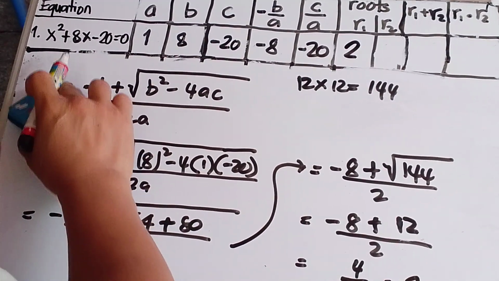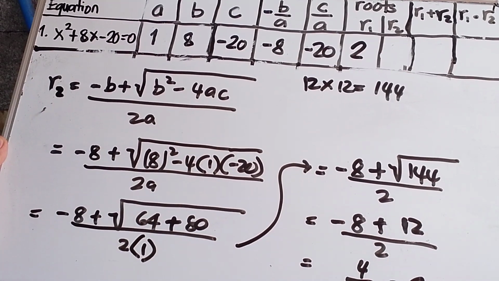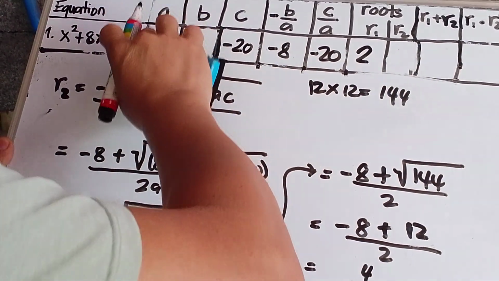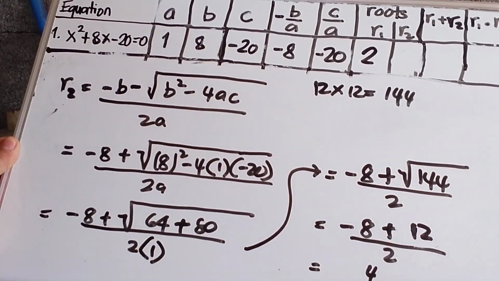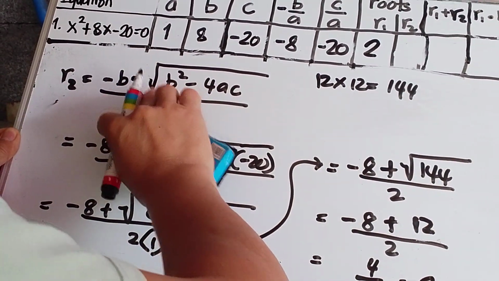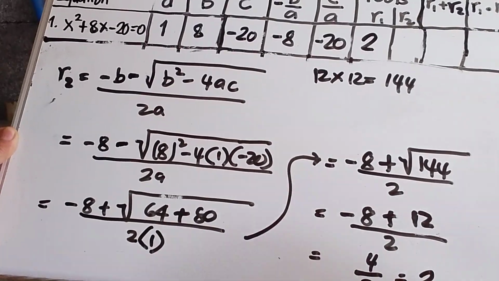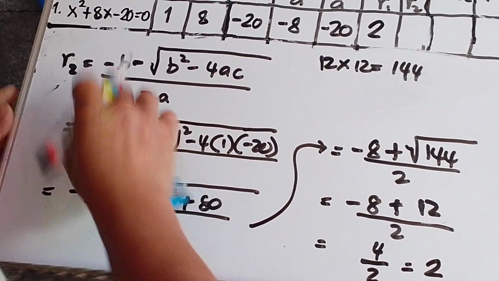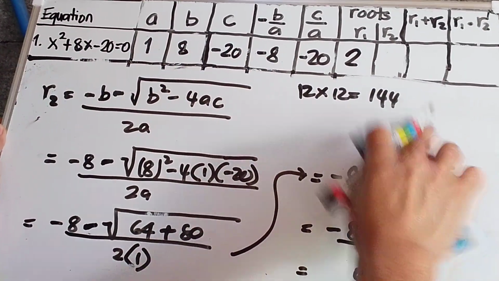Now, next is to solve R2. We need to change the subscript to R2, and then change the sign beside b and the square root. So, this will be minus, minus, minus also.